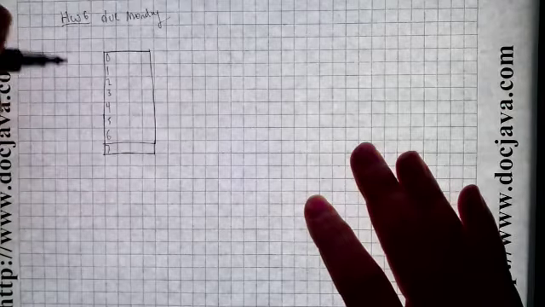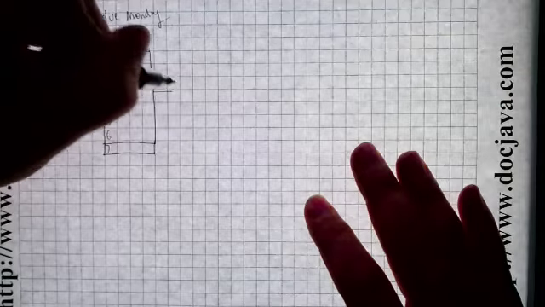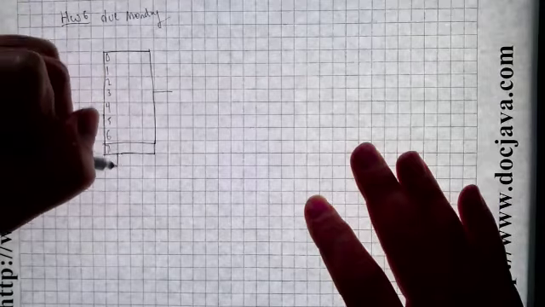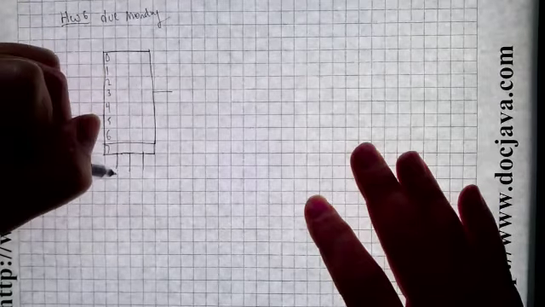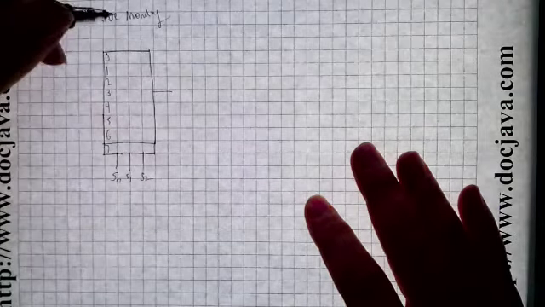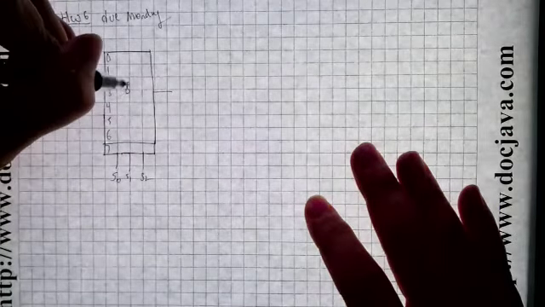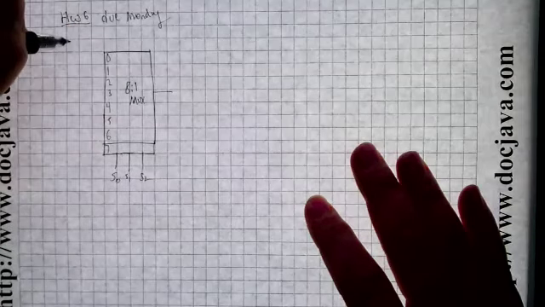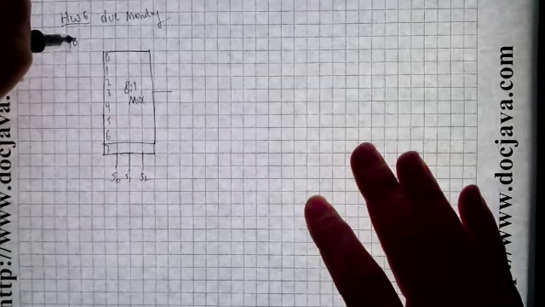Shoot. And now we have an output, and then there's inputs, and the inputs to the 8-to-1 mux. And this is problem number 10.